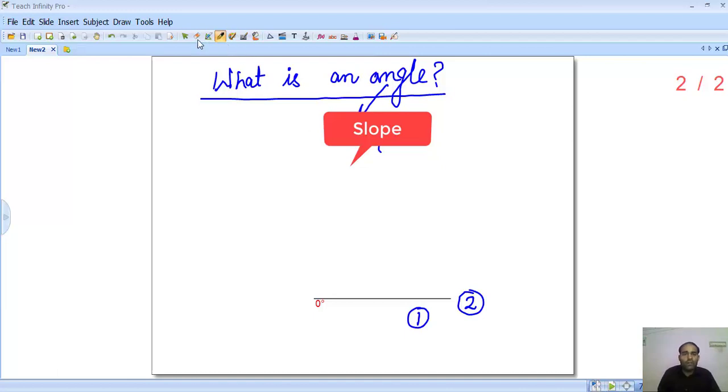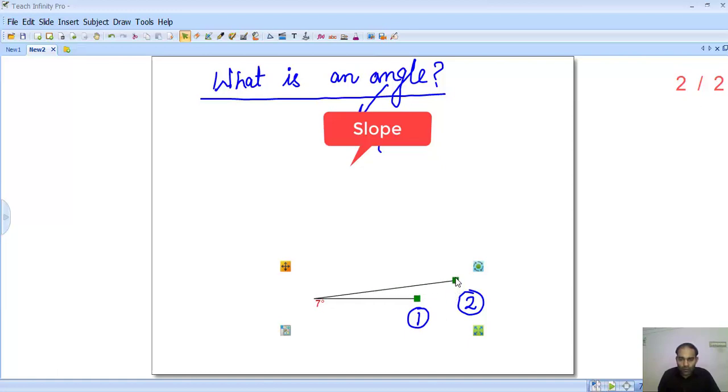Now this is the first line, this one is the second line. Okay, now there is no slope. If you put one ball here, or at this side, that will be kept here until you apply any force here.